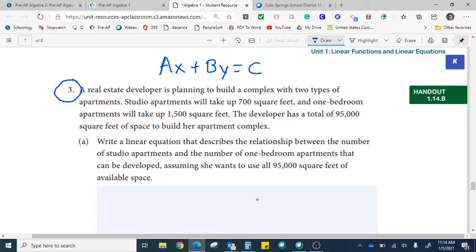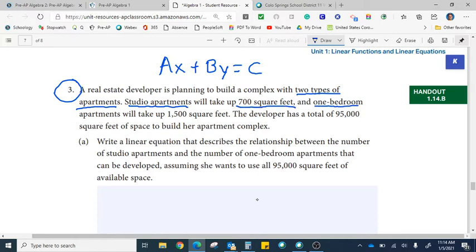It says a real estate developer is planning to build a complex with 2 types of apartments. So you have a studio apartment, which is a small apartment, fit a bed in, a couple other things, but not much. It'll take up 700 square feet.